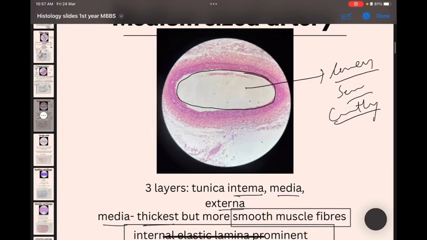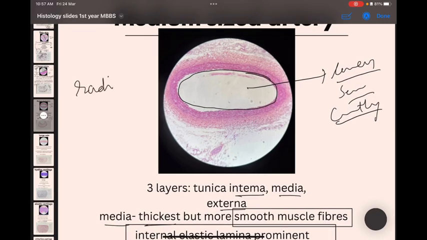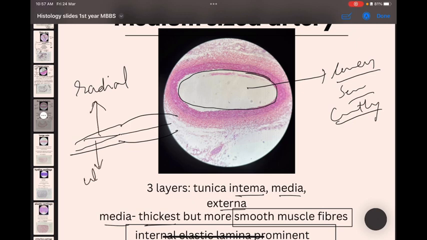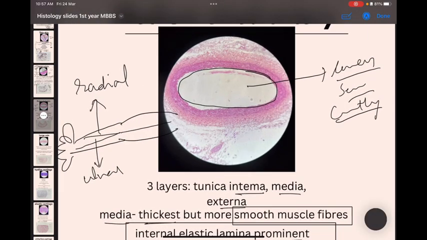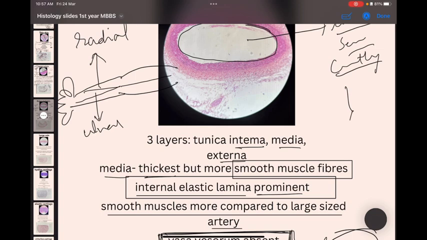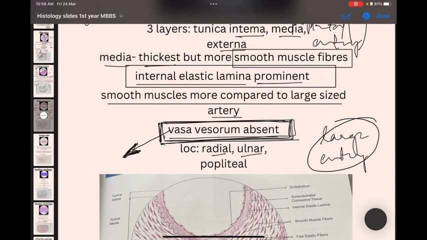Examples for medium sized artery: radial artery, ulnar artery. And then in the leg we have the popliteal artery, in the popliteal fossa. That's all. Radial, ulnar, popliteal.